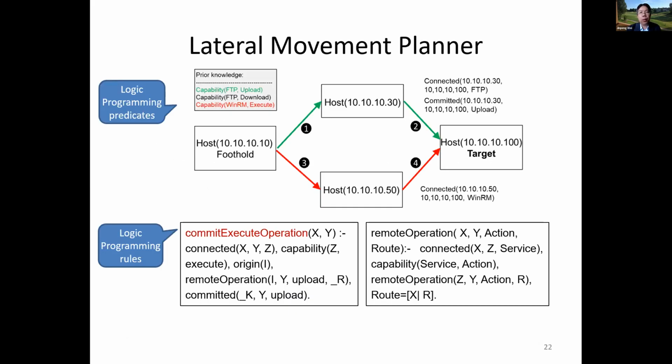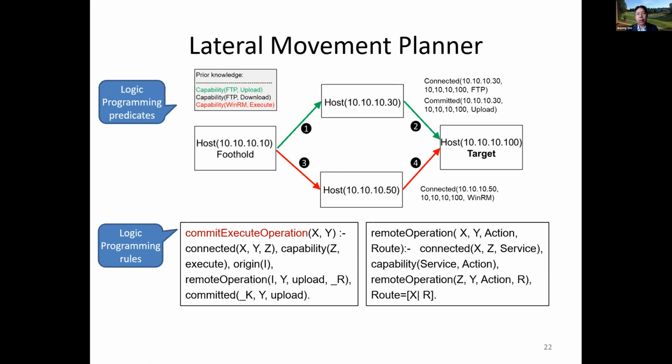Okay, so this is a little more detail about the lateral movement planner. It maintains a set of logical programming predicates. Some of the predicates are derived from the knowledge about the capabilities of protocols. For example, FTP can upload files and download files, and WinRM can remotely execute something.